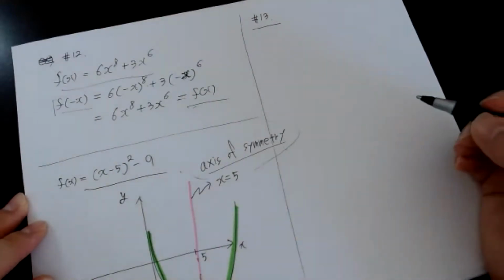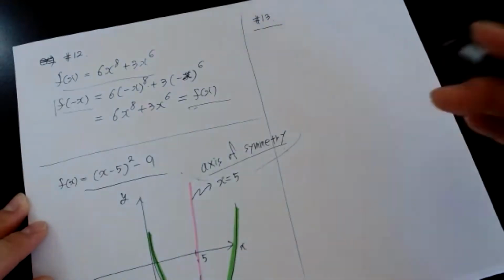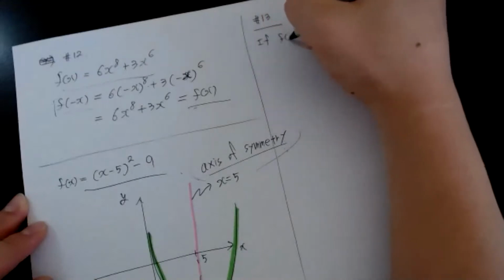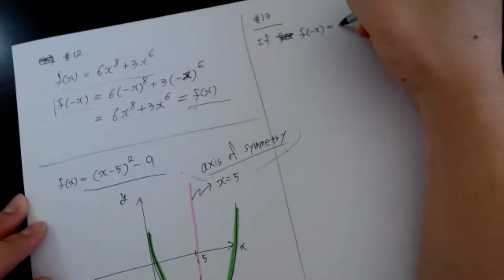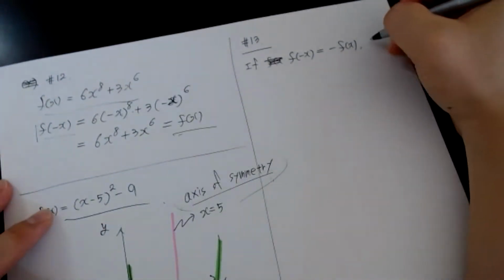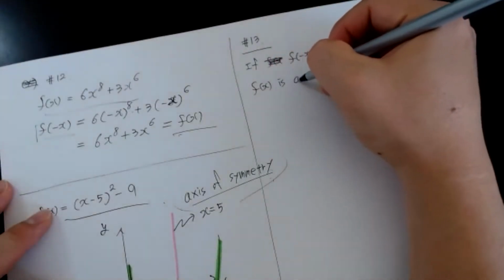To work problem number 13, you need to fully understand the definition of an odd function. If f of negative x is equal to negative f of x, then f of x is an odd function.